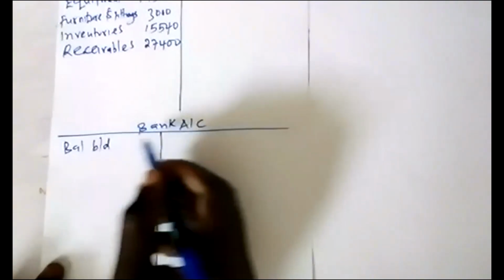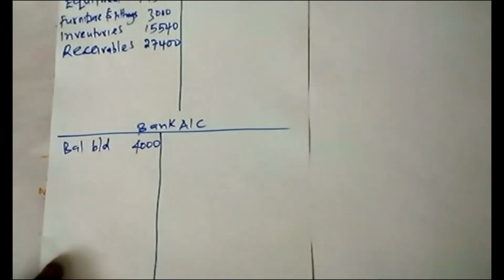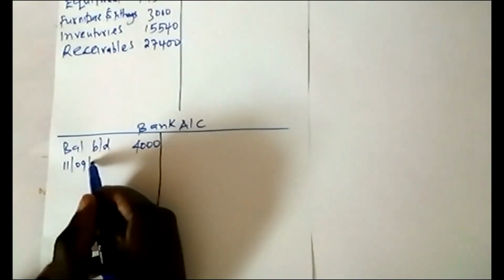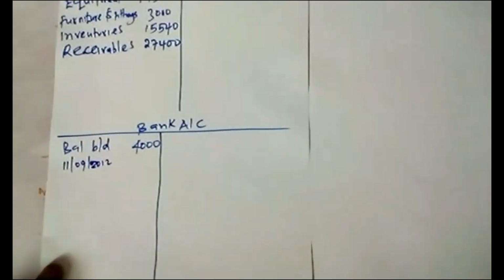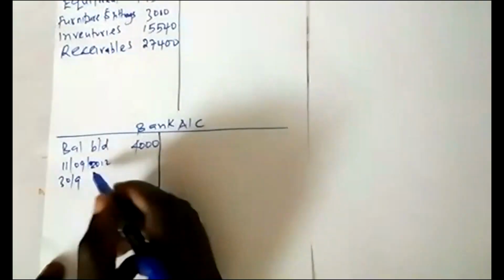So the cash which was available, the 4,000, under current assets. Then now all of the realizations the liquidator was making are debited, because after making realizations, he was receiving money. So from the first realization, which was on 11 September, premises after meeting the mortgage in full, we moved to the 30th September 2012.